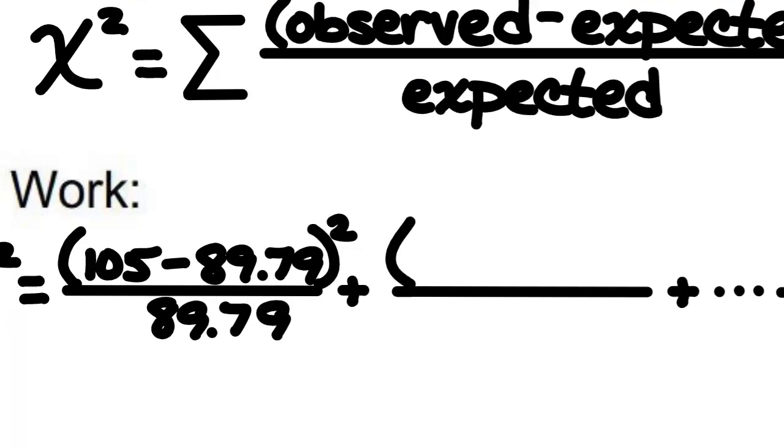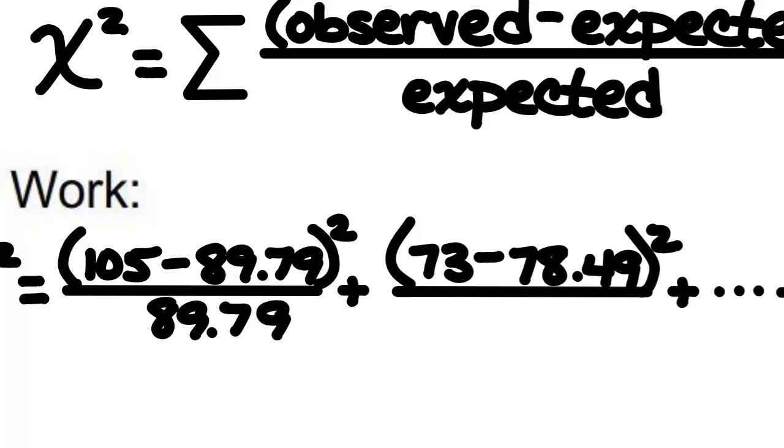And then let's go do green Haribo gummy bears. What was the observed for green Haribo? 73. And what was our expected? 78.49. Close my parentheses and square it over 78.49.